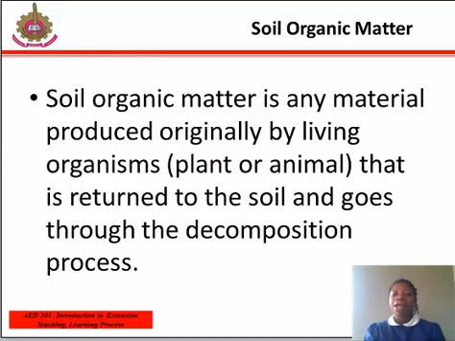The active and part of the intermediate pool are involved in nutrient supply and the binding of small soil particles together to form larger structures called aggregates. Aggregation is important for water infiltration, aeration, drainage, and it reduces the soil's susceptibility to erosion.